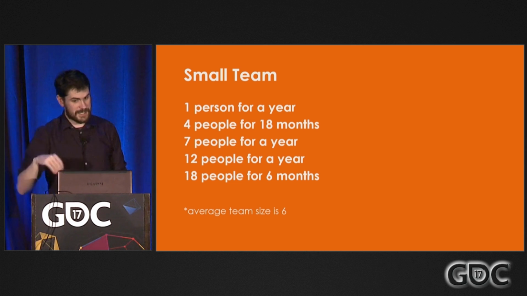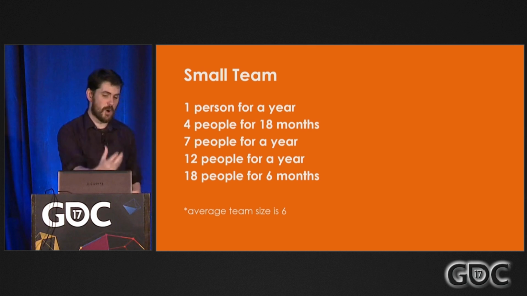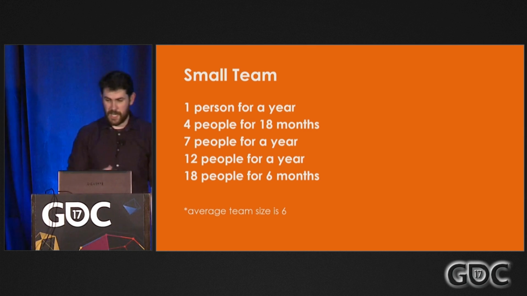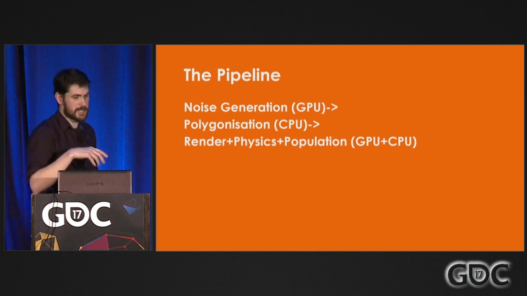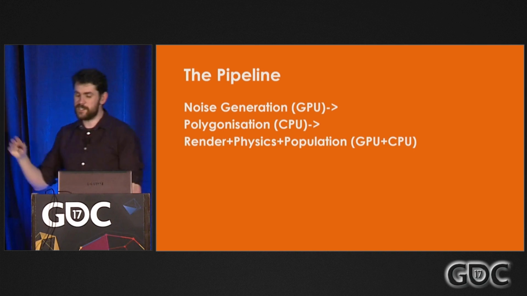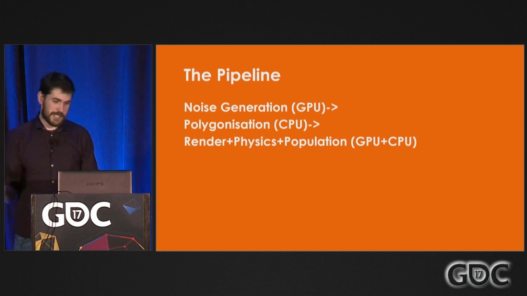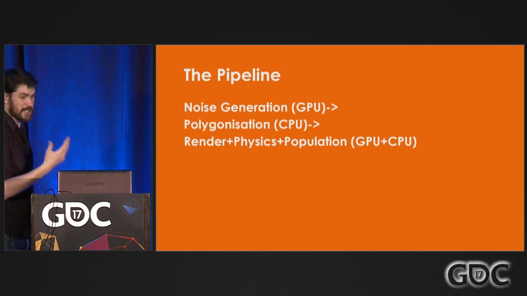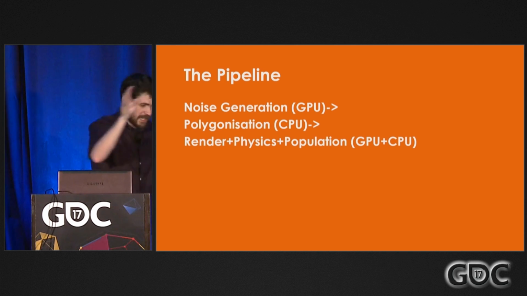So I wanted to get into how we created that diversity, and I'm going to pick one thing in particular: noise generation. This is a gross simplification, but basically we generate a whole bunch of noise, which is the terrain and a bunch of other stuff, clouds and populations of stuff.